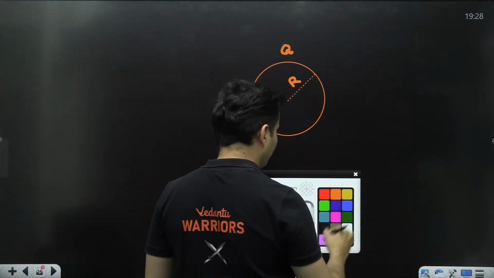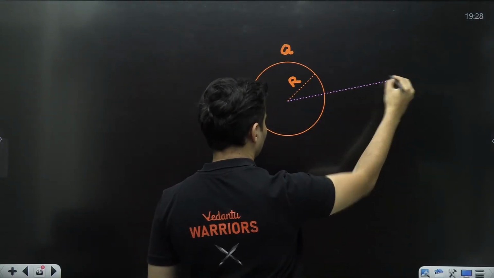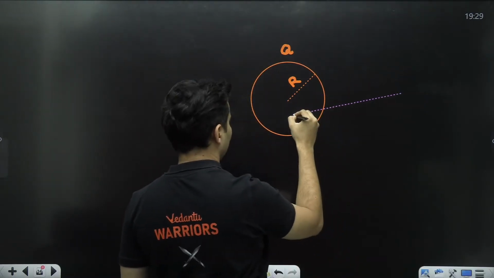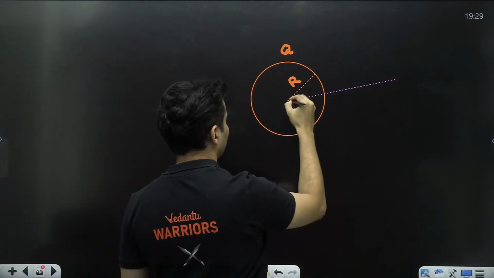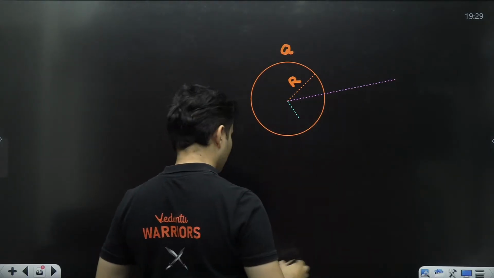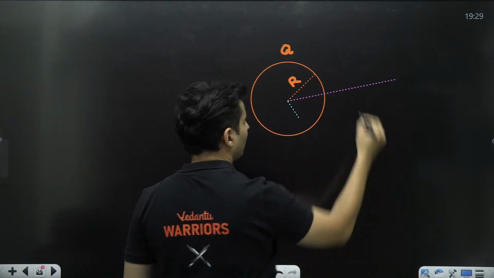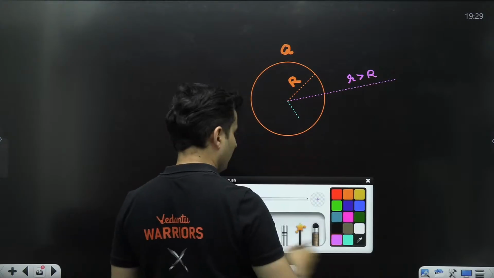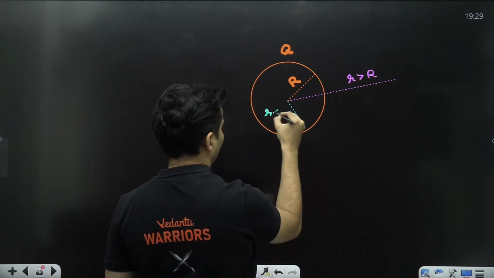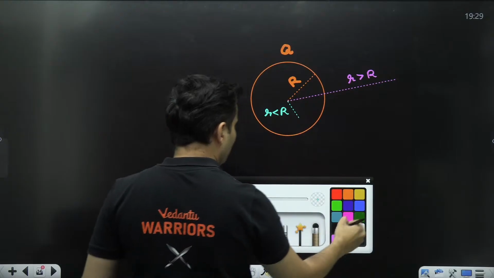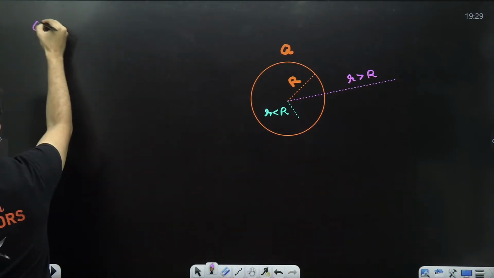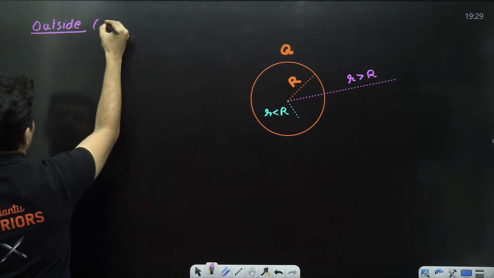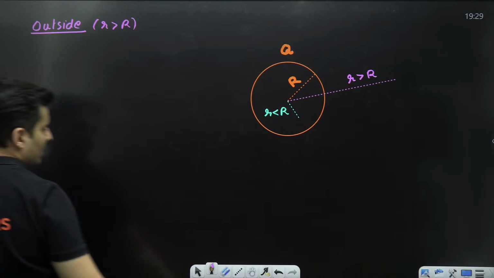First, when you are outside, basically r more than the radius R of the shell.